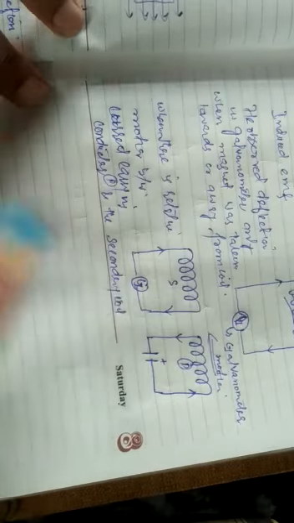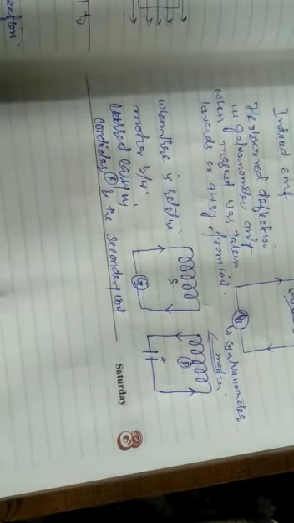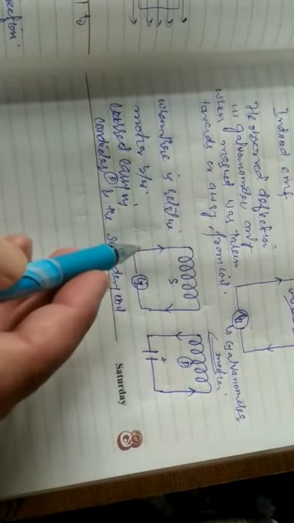So once there was a relative motion between them, the galvanometer showed deflection.